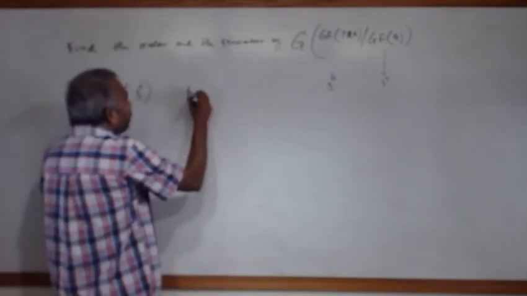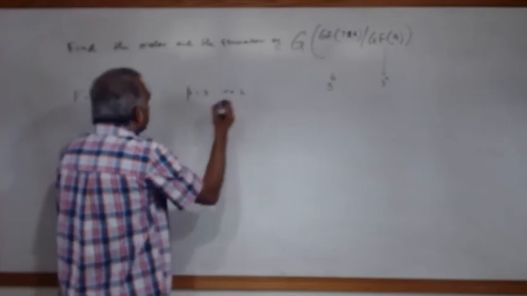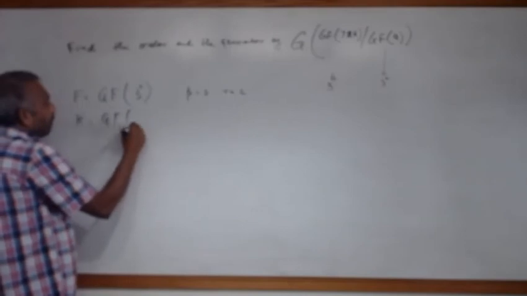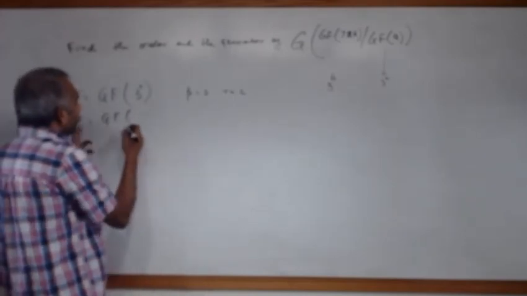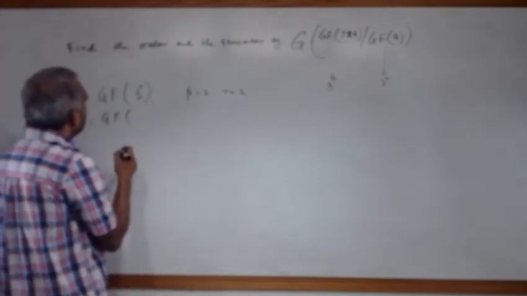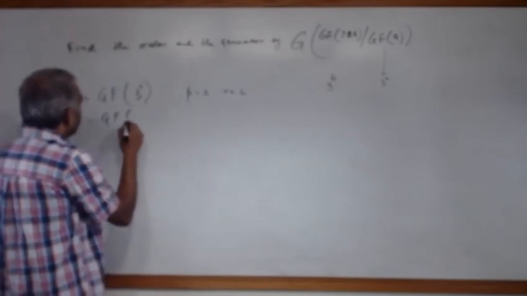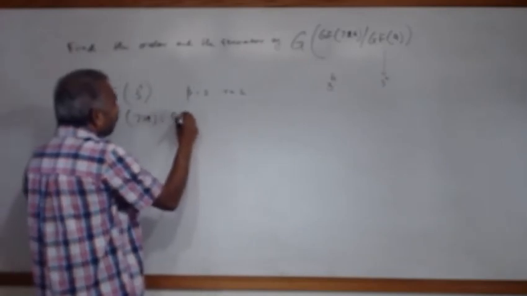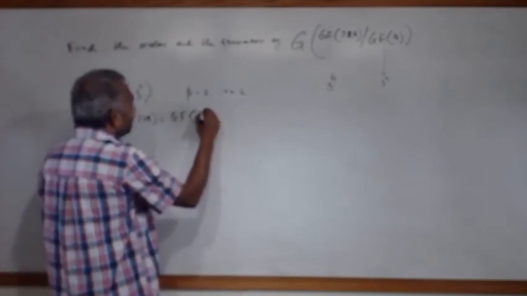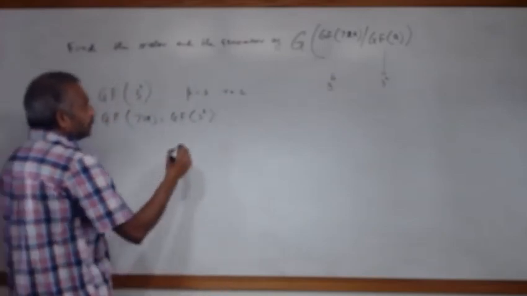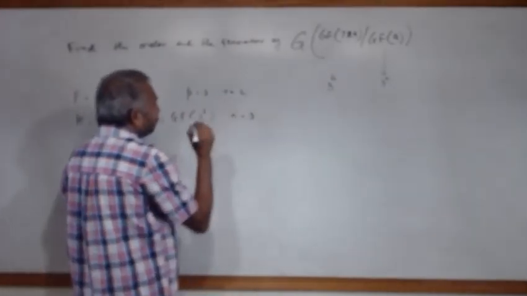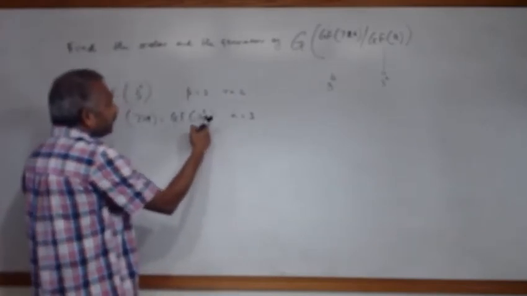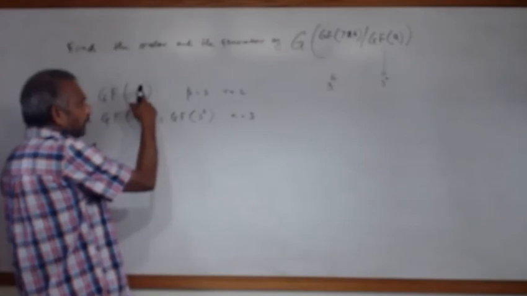That is, p is equal to 3, r is equal to 2. And K is equal to GF of 729, which is GF of 3 to the power of 6. So n is equal to 3, because this is 3 to the power of 6 and this is 3 square.